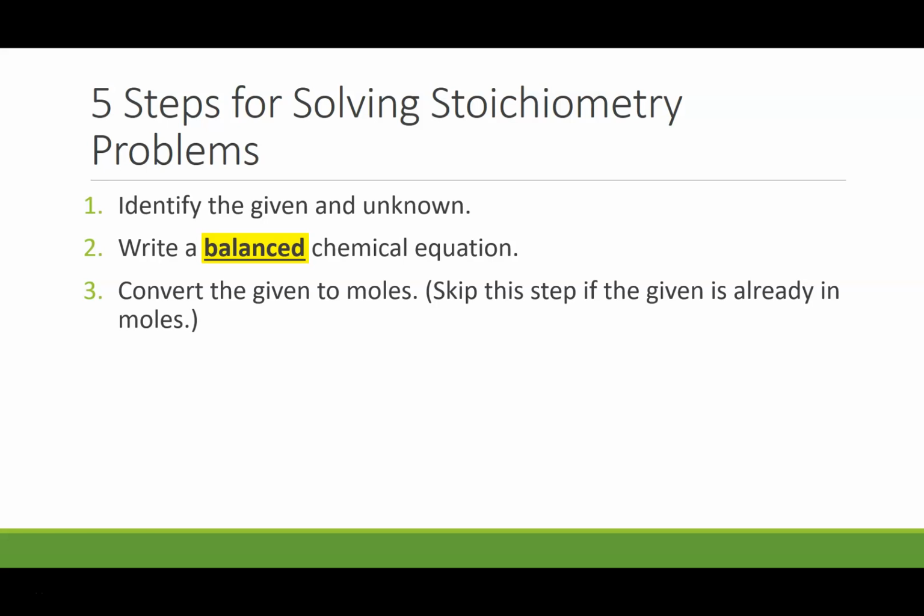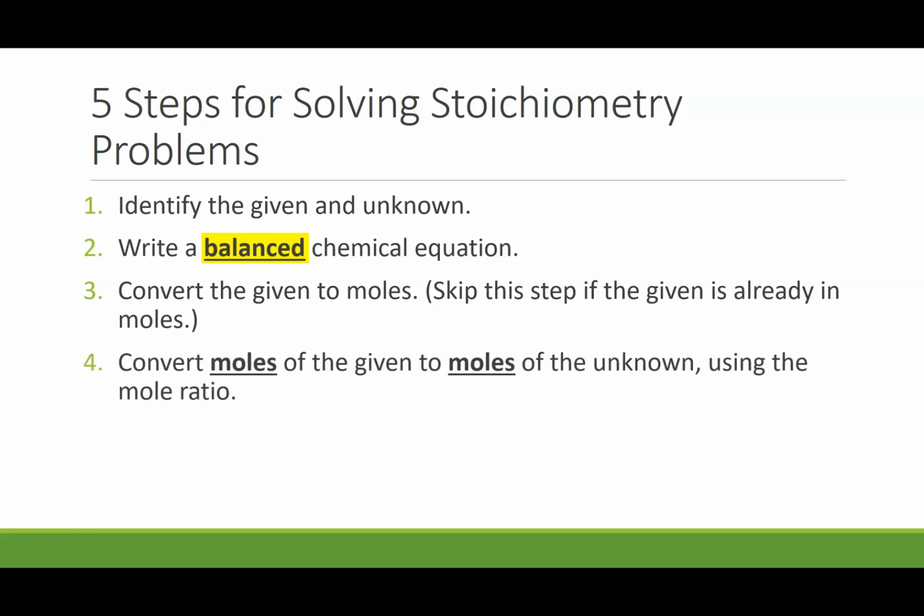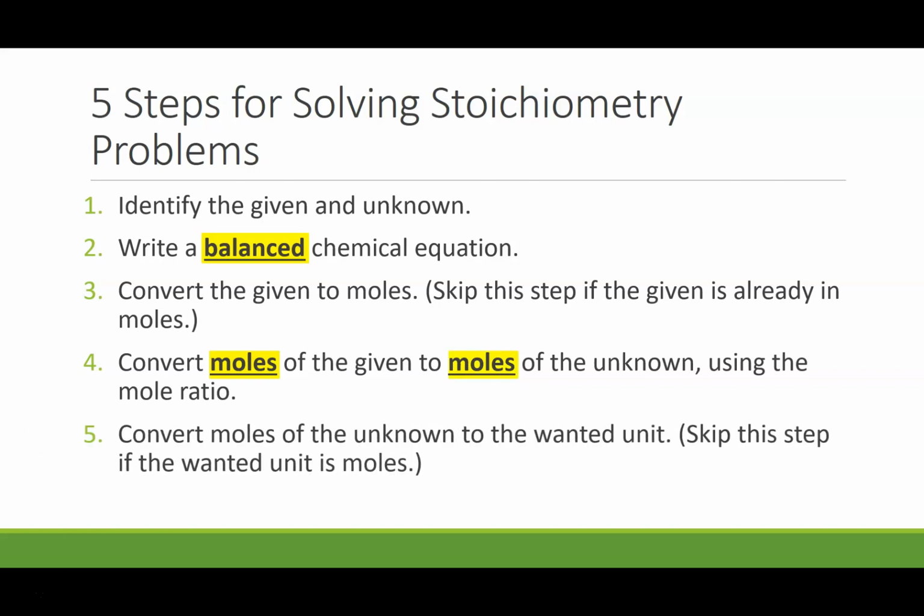Step 3, convert the given to moles. We will skip this step if the given is already in moles. Step 4, convert the moles of the given to moles of the unknown using the mole ratio. And step 5, convert the moles of the unknown to the wanted unit. And we will skip this step if the wanted unit is in moles.